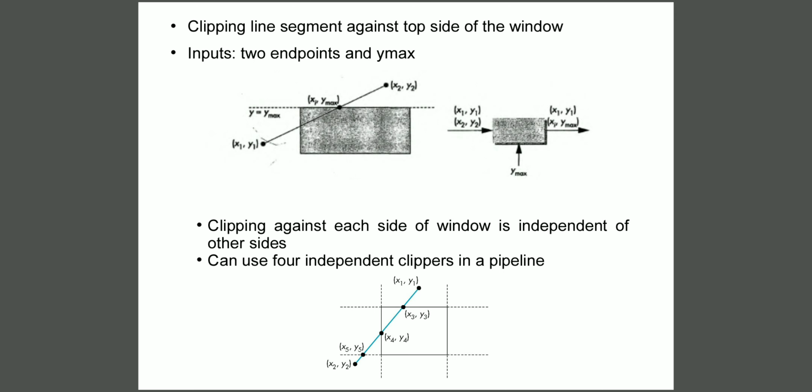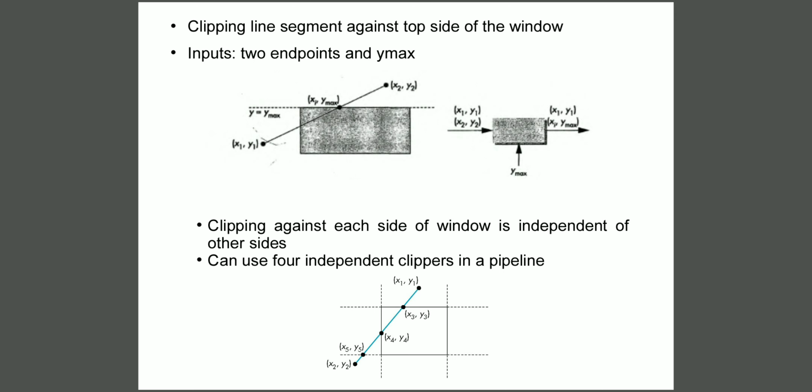Here, the line segment goes beyond the y maximum value, or the topmost side of our output window, so that part needs to be removed. Because of that, it calculated an intersection point at the topmost side of the output window where the line segment intersects.